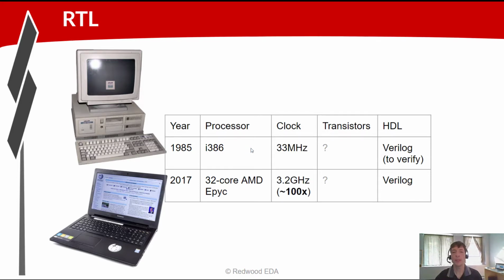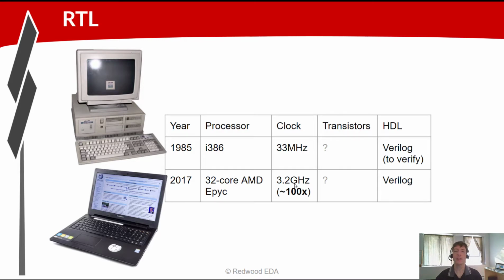So in 1985, the 386 processor had a clock that ran at 33 megahertz. Today, or the slide's actually a bit dated, so not even today. And I apologize, I'm not leaving enough time for Russian translation here. So in 2017, AMD EPYC came out with a clock speed of 3.2 gigahertz.